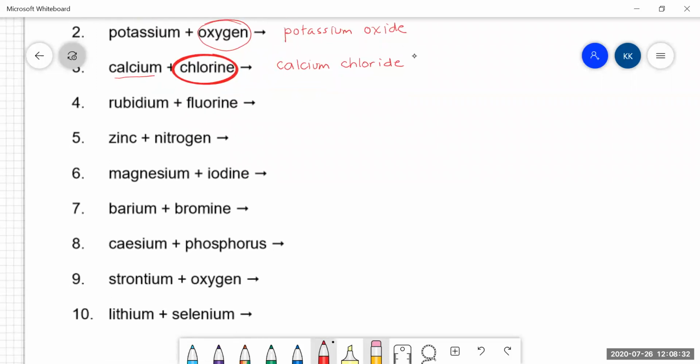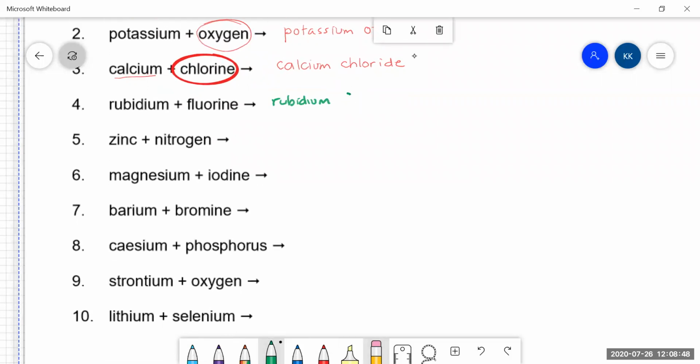Okay, let's check your answers. Did you get rubidium fluoride? It's fluoride. Just going to try that one again so that I can really emphasize the spelling here.